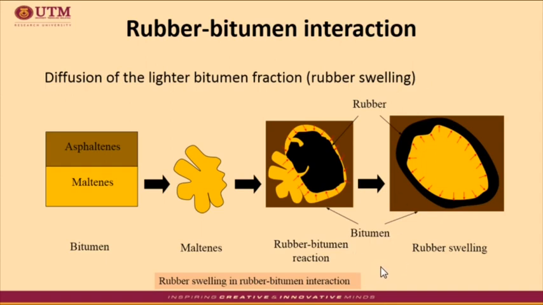When rubber gets in contact with bitumen, it generally absorbs the maltene fraction that has low molecular weight and leaves the residual bitumen containing a higher portion of asphaltenes, or we can say a higher molecular weight, which increases its viscosity.